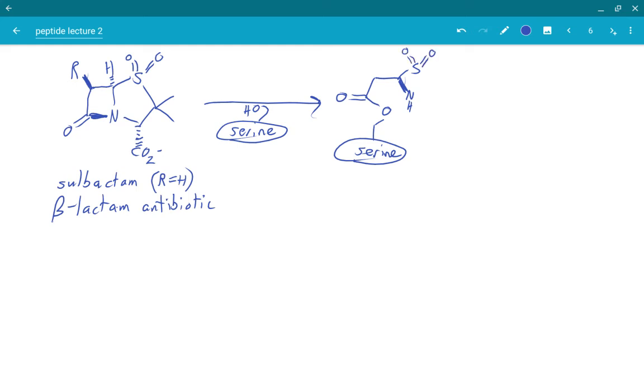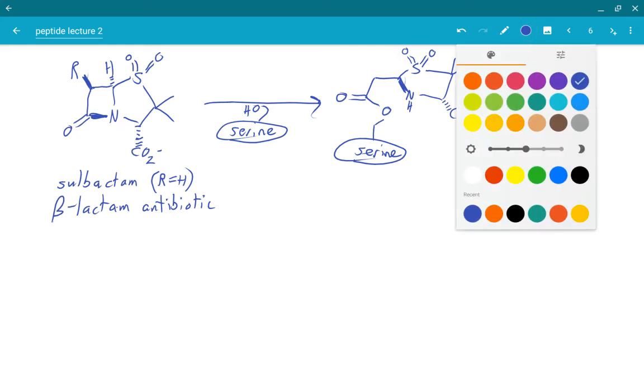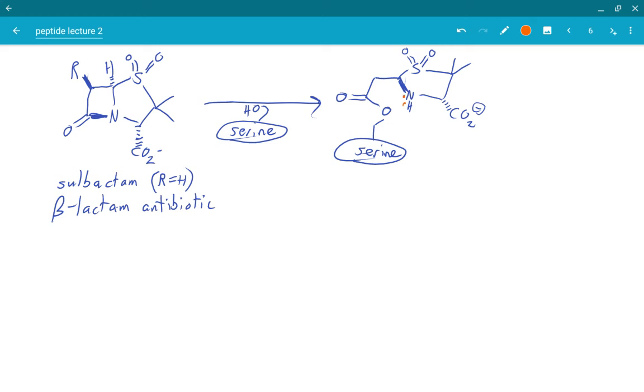So the initial product of the hydrolysis looks like this. But now I've generated this free amine, and that free amine is a good electron donor. So this compound does not sit here, but rather it kicks off this sulfite leaving group.